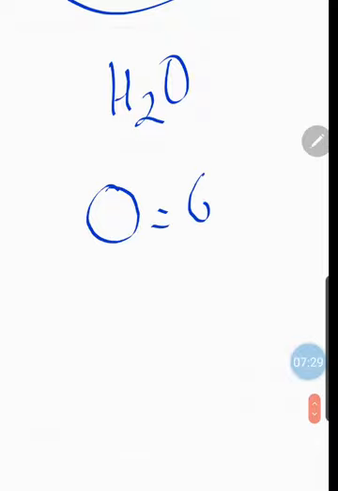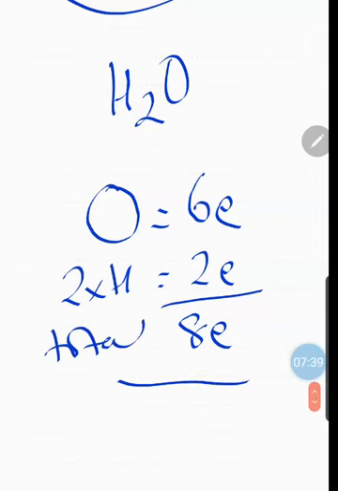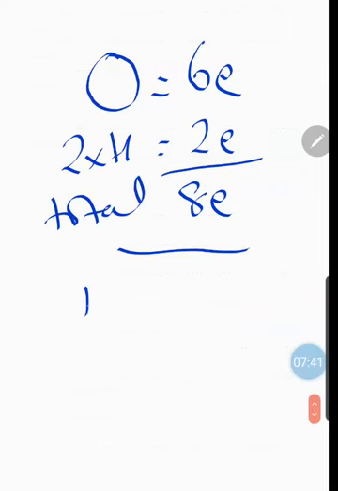Now let's look at water. Oxygen is in group 6. So oxygen donates 6 electrons. There are 2 hydrogens. They donate an electron each, which is 2. In total, we've got 8 electrons. That means 4 electron pairs.